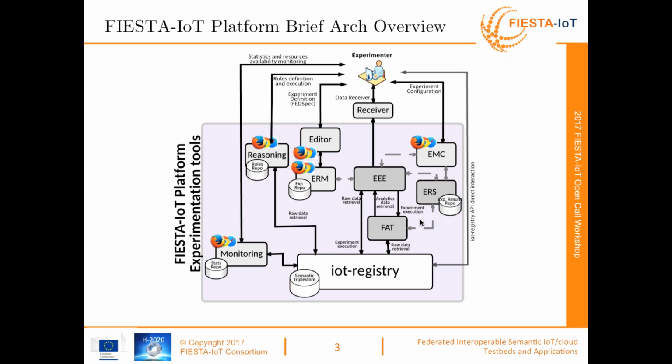Another option, if you do not want to use any of these tools that we have provided, is to directly access the IoT registry APIs and get data from the IoT registry. You just log in, authenticate yourself, use the token and have access to the data using those APIs. Again, these APIs will be presented to you later in the talks today.